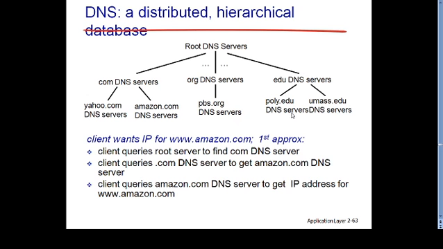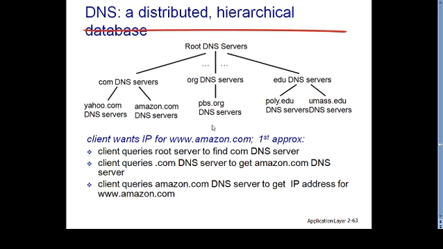In the same way, we have the top level edu DNS server, which keeps the information about all the educational web servers which have the actual mapping. So information of the authoritative DNS servers resides at the top level domain servers, and information about the top level domain servers resides at the name servers or root servers. So this is the hierarchy of DNS servers which we have.